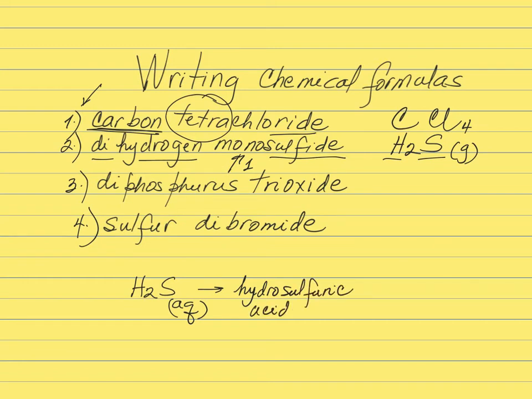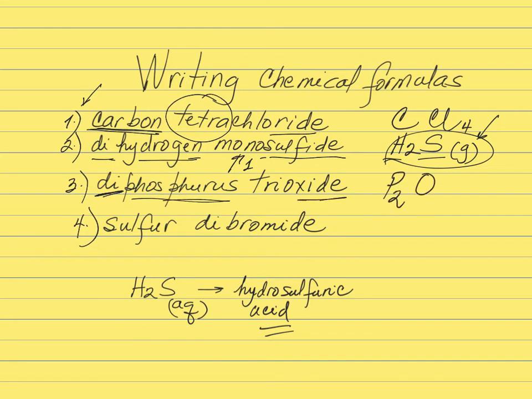See that? You're going to have this on your test, all of them together. The hydrogen monosulfide, the state of matter is a gas, gaseous, okay? And that is a covalent compound. The phosphorus, okay, 2 phosphorus I have in there.